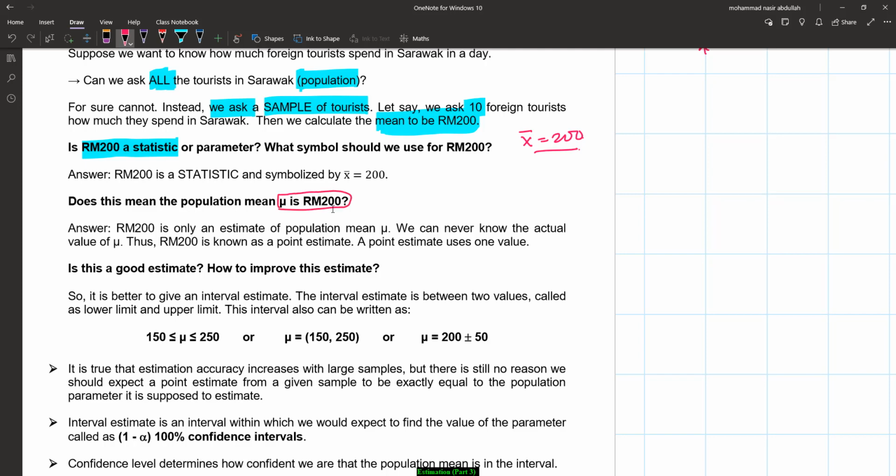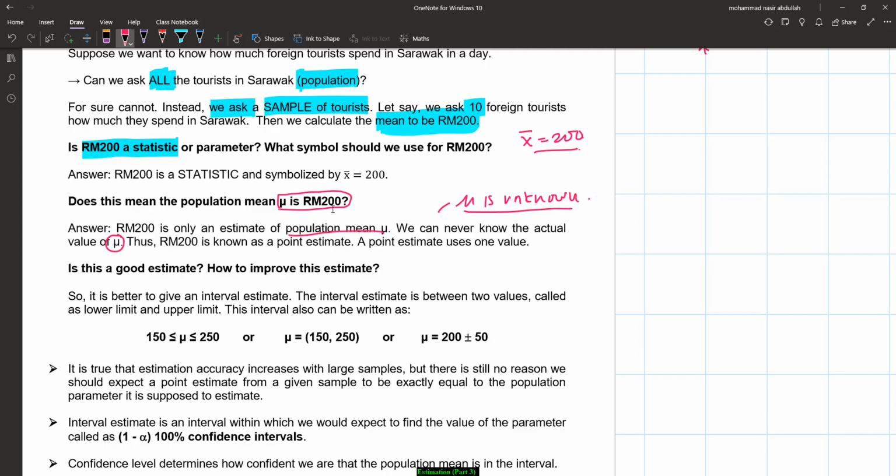So the answer is that 200 is only an estimate of the population mean. We can never know the actual value of the mean, which means that mu is unknown. We do not know the value of the population mean. What we know is the sample mean.